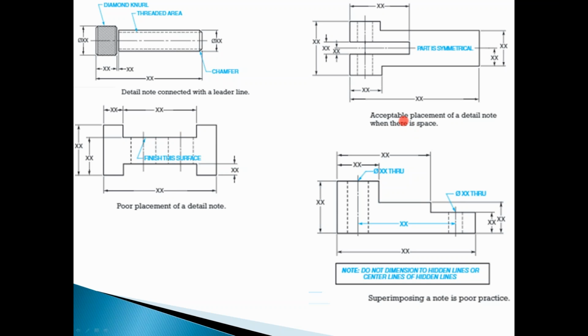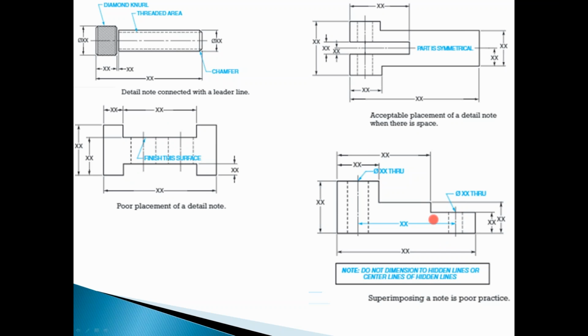And these are the acceptable placements of detail notes when there's a space. If you have a space, then you can put them inside. But if you don't have a space where you have a lot of lines, I would just put it outside and call it outside.